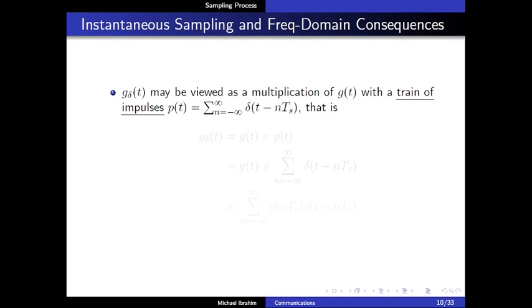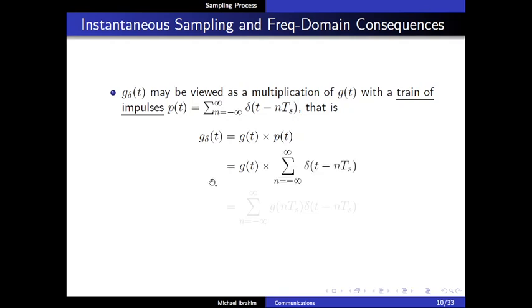We're having a train of impulses all with the same strength, which is 1. This train of impulses, p of t, is multiplied by the signal g of t, which is the signal to be sampled, resulting in g delta of t, which is the impulse weighted with the sample value. Delta of t with weight g of 0, delta of t minus Ts with the weight g of Ts, and so on.